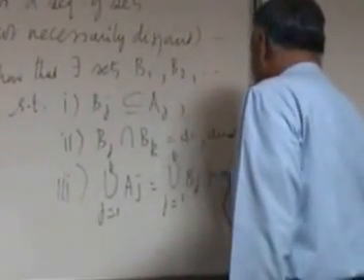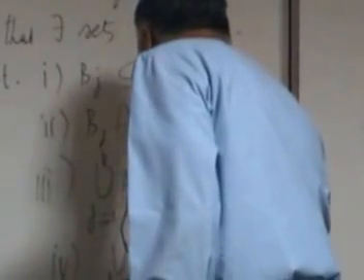It can be finite or infinite, doesn't matter. Or if it's infinite, the union over j equal to 1 to infinity of A_j.